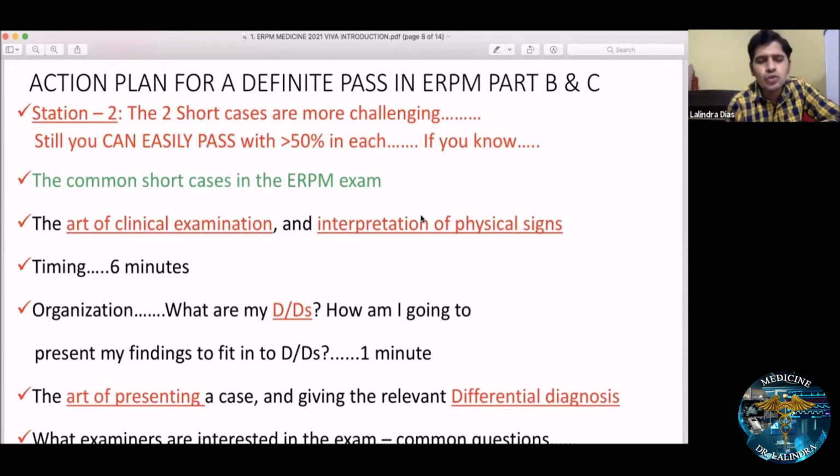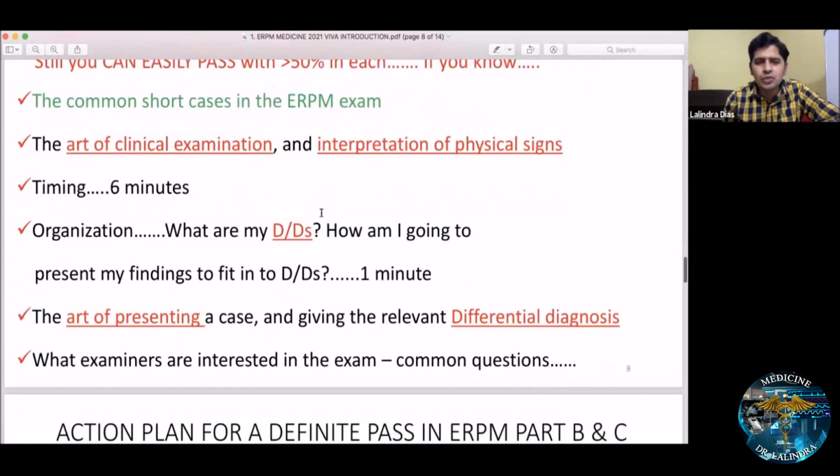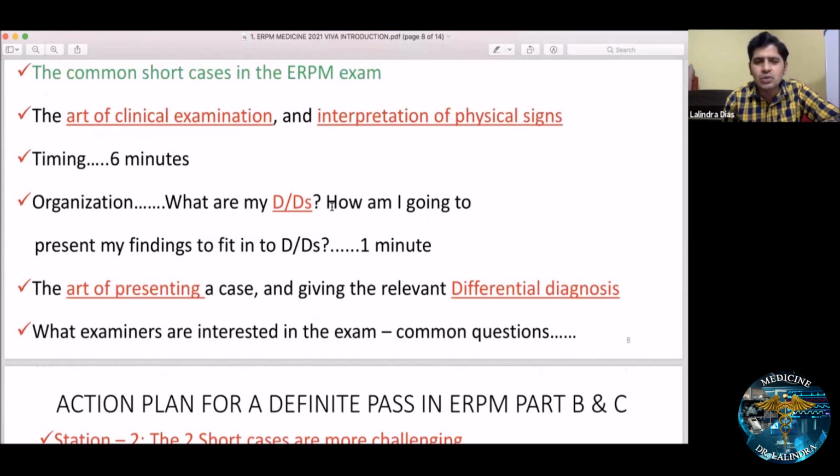And then you spend the next 3 minutes with the examiners, they will ask you to present your findings or present your differential diagnosis. For the organization of your thoughts and to make a differential diagnosis, you may take either half a minute or maybe 1 minute. So the art of presenting a case and giving the relevant differential diagnosis, you should know how to master those skills which we will train you.